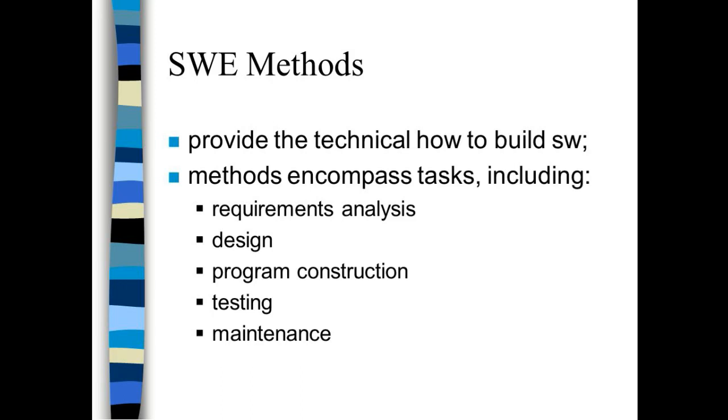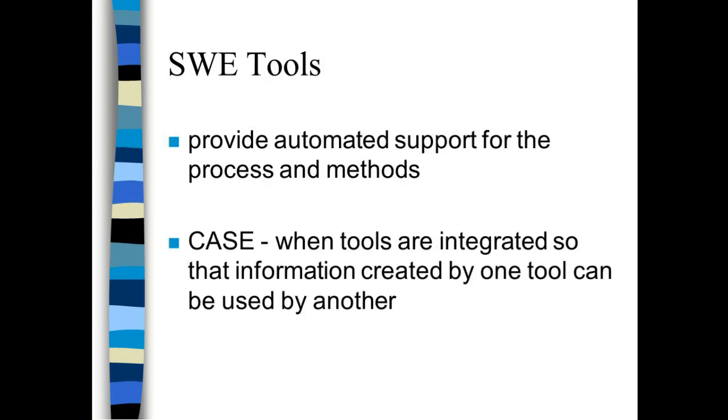The methods that need to be followed are requirement analysis, design, program construction, testing, and maintenance. One by one we will discuss each in the further slides. It provides automated support for the software process and methods when the tools are integrated, so that the information created by one tool can be used by another.